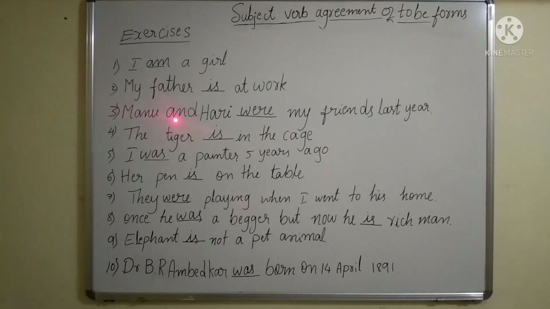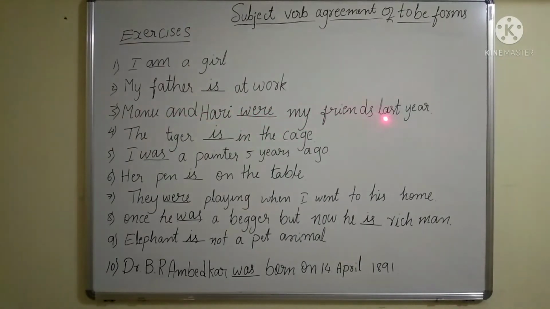Next, Manu and Hari were my friends last year. See, you can notice here we can see two subjects, right? Manu and Hari. We can see here two members, right? If the subject is plural, we have to use the plural to be form, that is were. Why have we used were here?